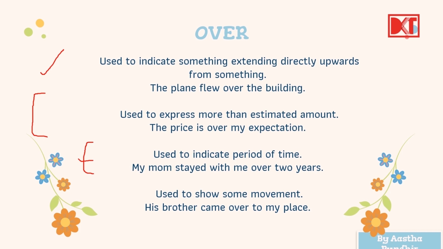His brother came over, coming over is like coming to visit. So this movement is movement to my place, to my house. Alright, that's when we can use the preposition "over" to indicate something extending directly upwards from something, or to express something more than the estimated amount, or to indicate a period of time, or to show some movement. Alright.